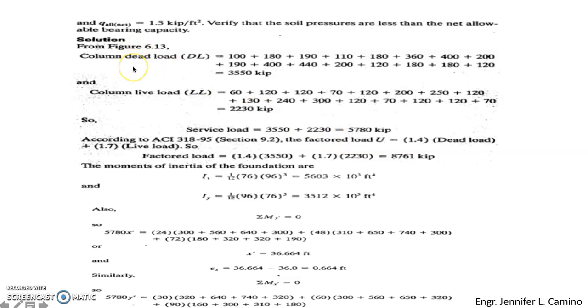You have to compute first for the column dead load and the column live load. The total column dead load is 3,550 kips, and the total column live load is 2,230 kips. So we just sum up our load per column for the dead load and the live load.